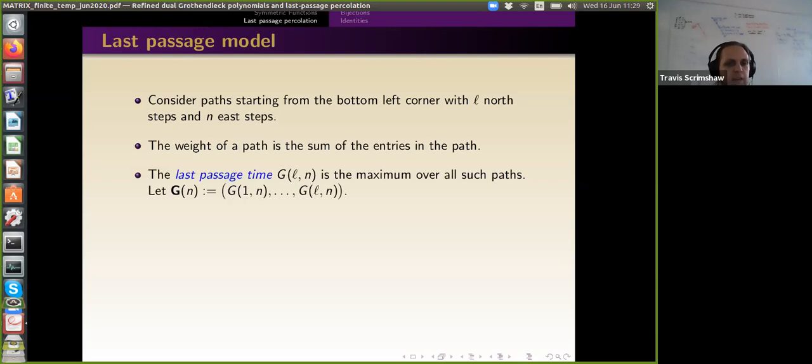And the last passage time will be the maximum over all such paths, say from the bottom left-hand corner to this spot that's shifted up by L and right by N. And this will be the last passage time. And then I'm just going to build this vector like so.